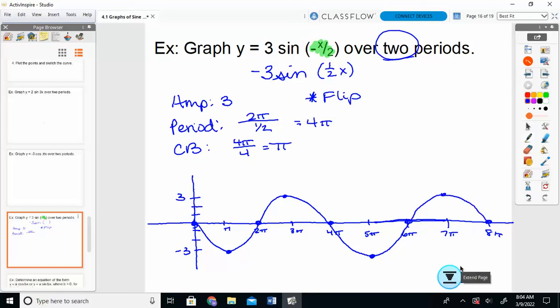So it would look like that. Okay, so I just wanted to do one that had that negative on the angle. If it's sine, then you pull your negative out in front. If it's cosine, you just drop that negative. Any questions on that?